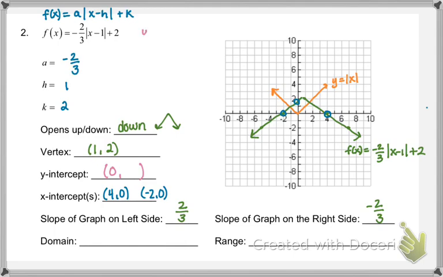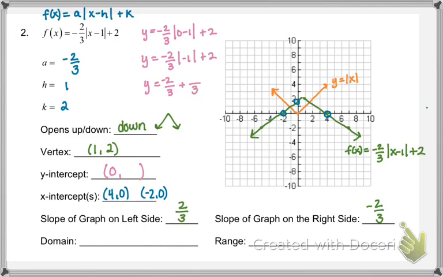So I'm going to write y equals, so f of x is the same as y, and I'm going to substitute 0 in for x and figure out what y is exactly. So the absolute value of -1 is 1, times -2/3 is -2/3. And then add that to 2, I need a common denominator.